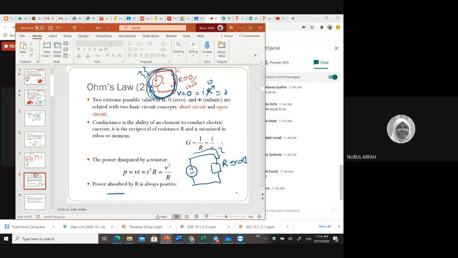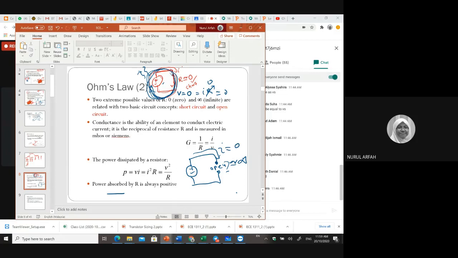Yes, the current will be cut off. Why? Because this becomes like a barrier, a Great Wall of China, right? Then current cannot flow, because there's an open circuit, a disconnection of this thing. So I will be equal to 0.